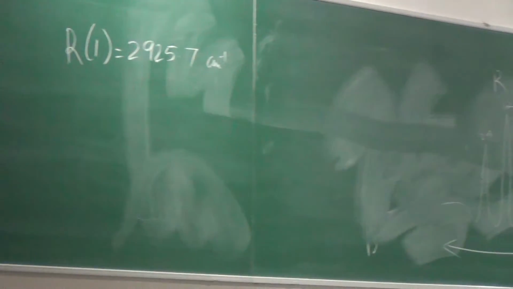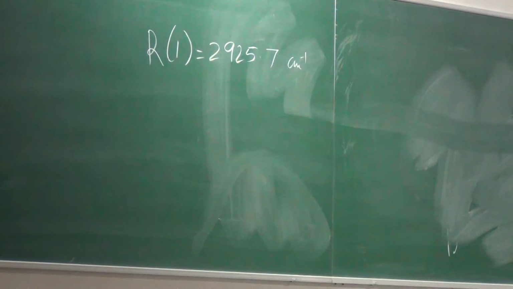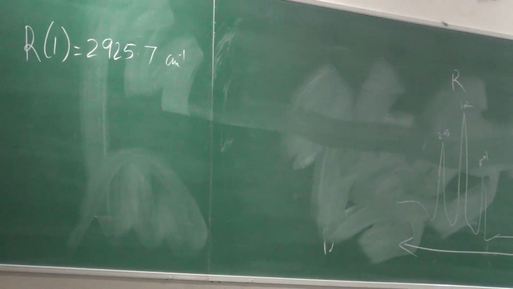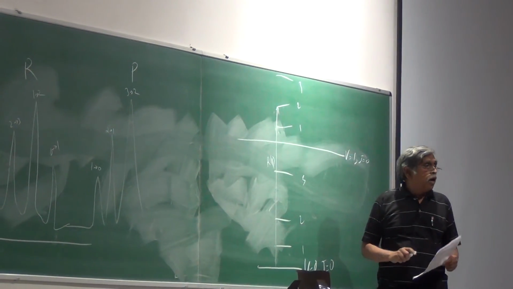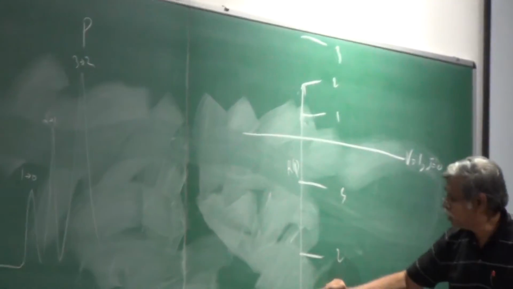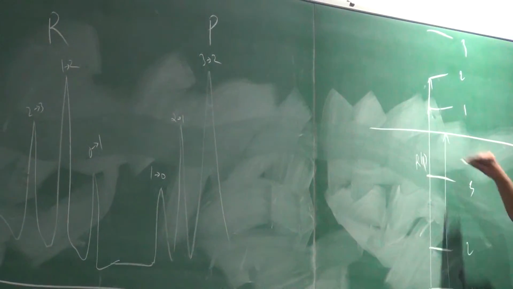So that's 2925.7. It's the second line in the spectrum, and it's actually a transition that goes from 1 to 2.